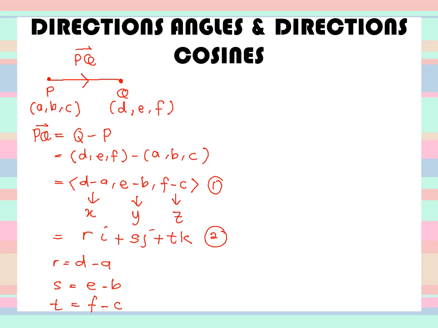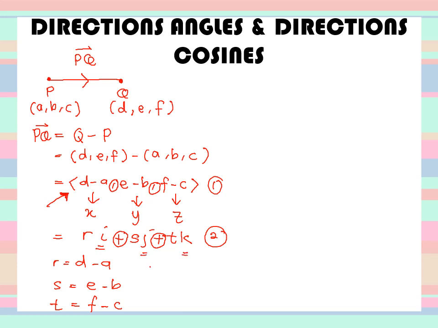So you can write it between angle brackets, separating each component with a comma, or you can write it as an addition or subtraction of the components in i, j, k form.